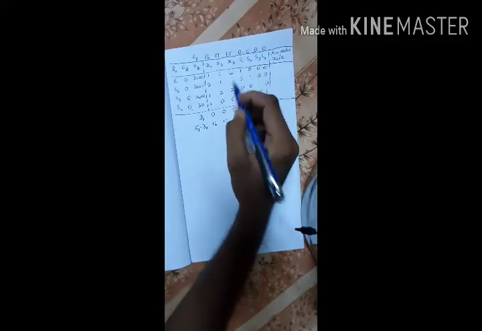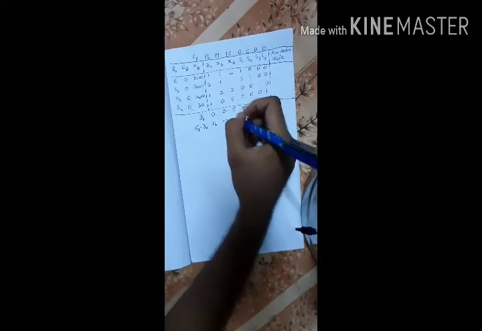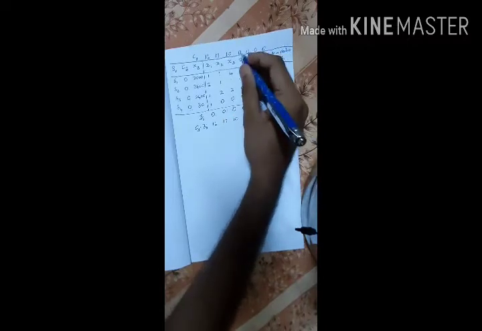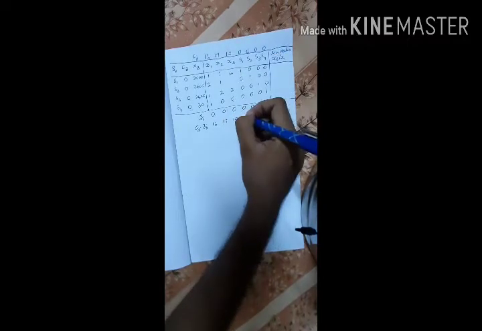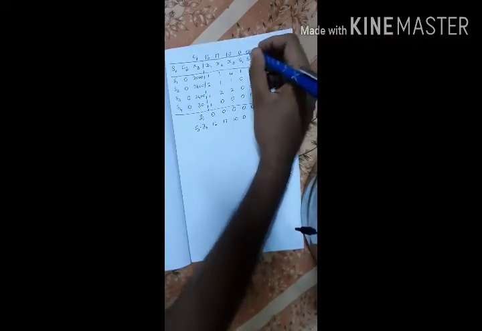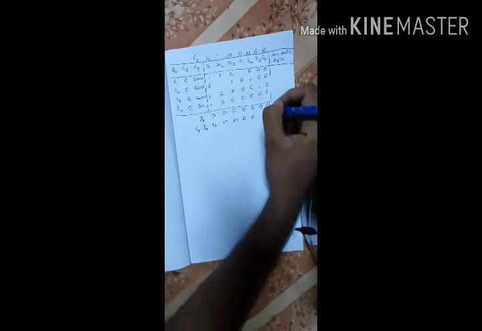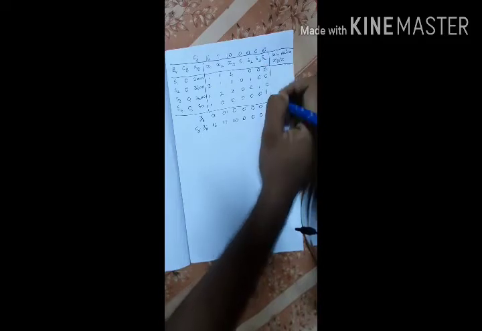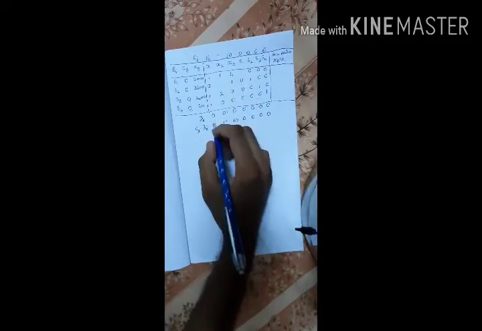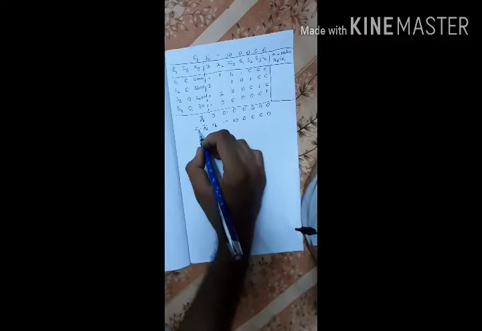Next, 10 minus 0 is 10. 0 minus 0 is 0, and likewise for the remaining four columns. So we have obtained the value of Cj minus Zj.